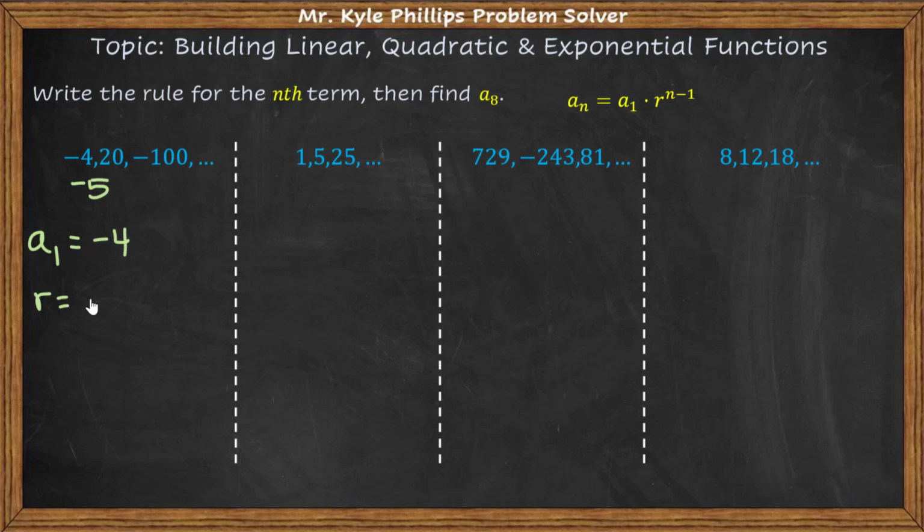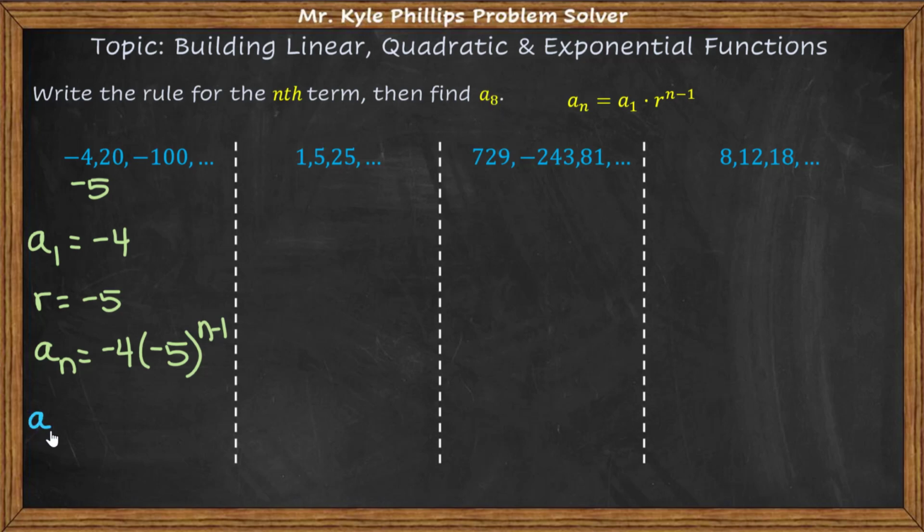My common ratio is -5. So my rule here, a sub n, would be the first term, -4 times -5 raised to the n minus 1. And I want to find the eighth term here.